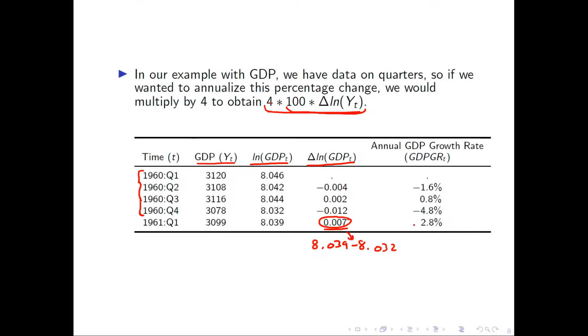And then in our case, we would get a 2.8% increase in GDP on a yearly basis, which would be 4 times 100 times 0.007. So this is how you annualize the 1 quarter increase in GDP.